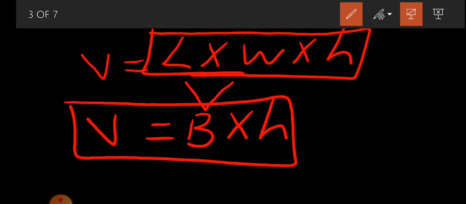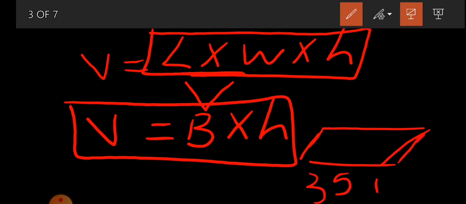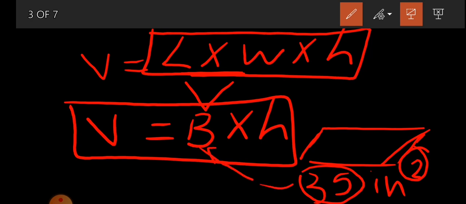It means that if I put beside the base that it's 35 inch squared, and I did not tell you whether this is area or length or width, once you find the squared, it means this is the area. You will put it here instead of B.